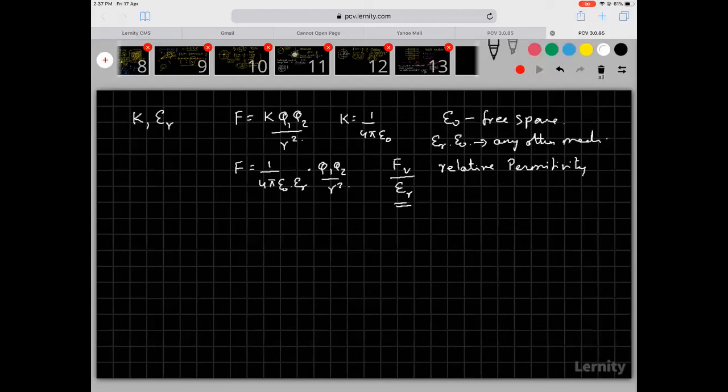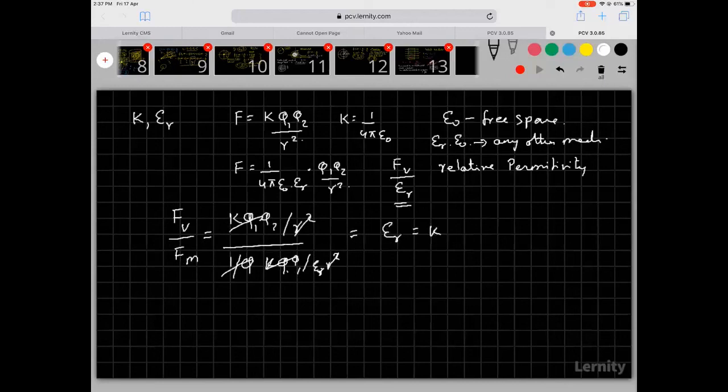So let me see, force in vacuum divided by force in medium is equal to K Q1 Q2 by R squared divided by K Q1 Q2 by epsilon naught into ER into R squared. All these get cancelled. This goes up and this is ER, also called K, the dielectric constant.